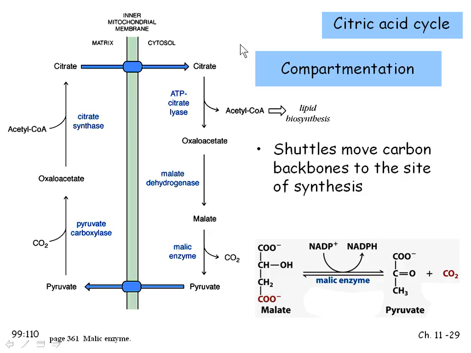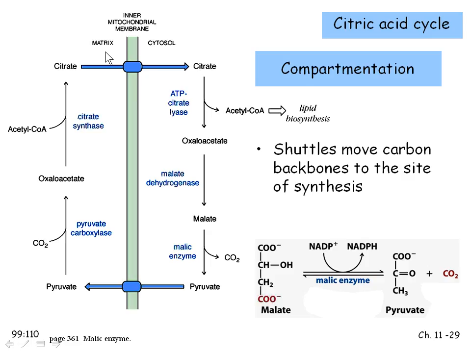Part of what makes the citric acid cycle work, but also makes it tricky, is the control over where it is. And although we haven't emphasized this so far, what we've been talking about so far has been happening in the matrix of the mitochondrion, in the interior goo that's all the way at the inside of the mitochondrion.